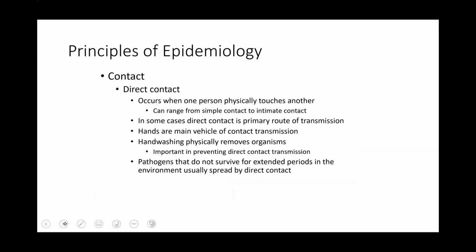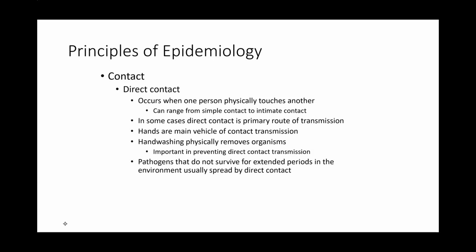Let's talk about some of these mechanisms. Direct contact occurs when two individuals directly contact each other. It can be through playing with toys, a handshake, or kissing. There's a lot of direct contact in your daily life.